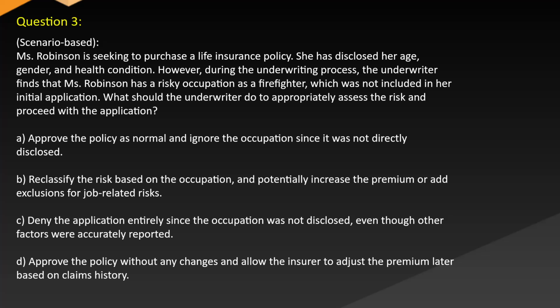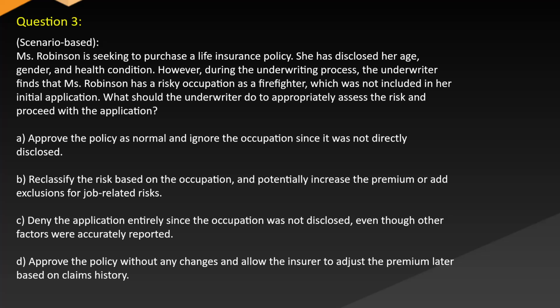Question 3, scenario-based. Ms. Robinson is seeking to purchase a life insurance policy. She has disclosed her age, gender, and health condition. However, during the underwriting process, the underwriter finds that Ms. Robinson has a risky occupation as a firefighter, which was not included in her initial application. What should the underwriter do to appropriately assess the risk and proceed with the application?